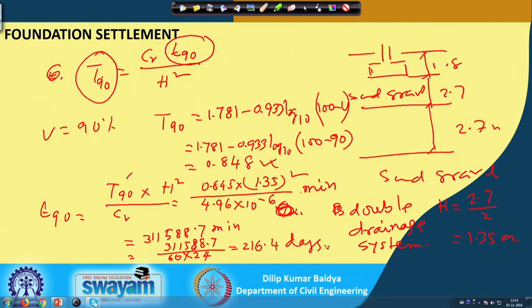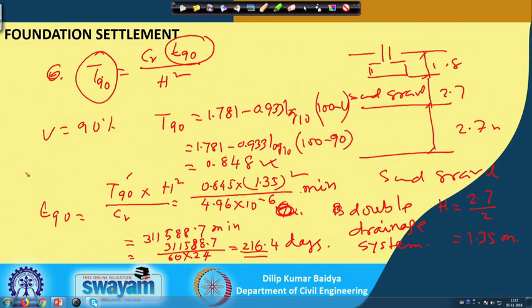That means, for this problem, because of double drainage I have used half the thickness. Ultimately, for the problem that was given, you will get a total settlement of 110 millimeter, and 90% means 90 multiplied by 110 divided by 100, actually 99 millimeter.